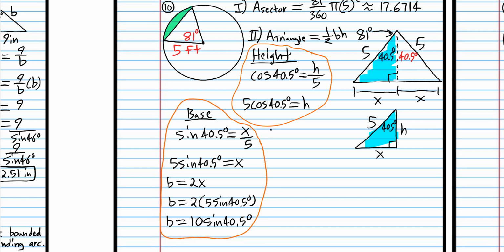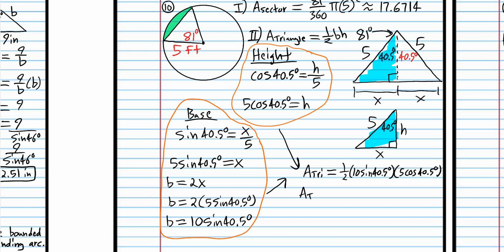So now we're going to combine all that work we just did to find the area of the triangle, because we have the base and the height. So area of the triangle is equal to 1/2 times the base times the height. And I'll move that over a little bit.